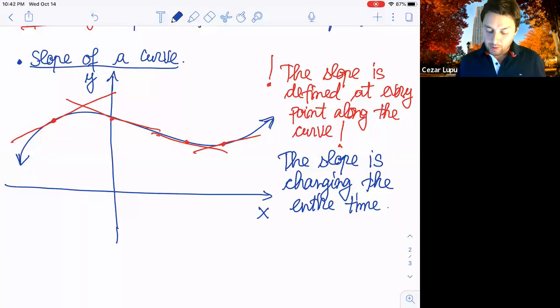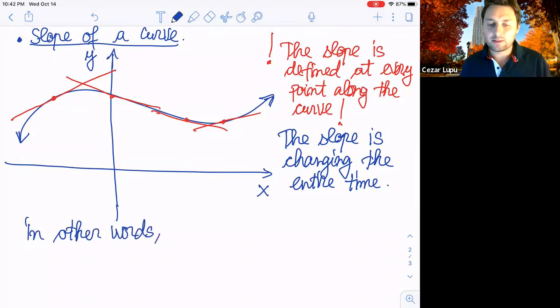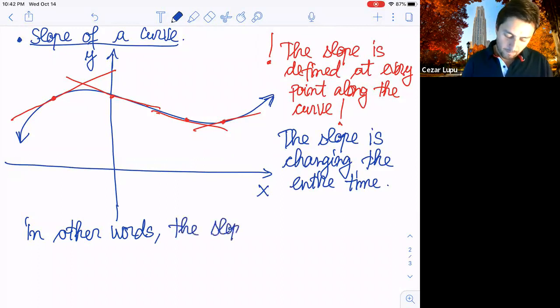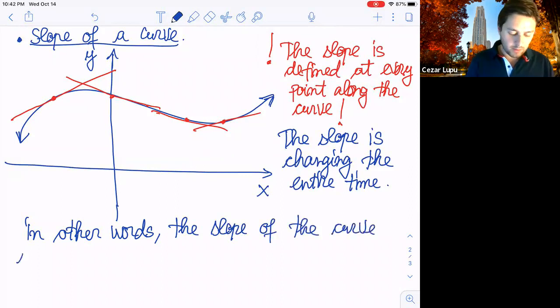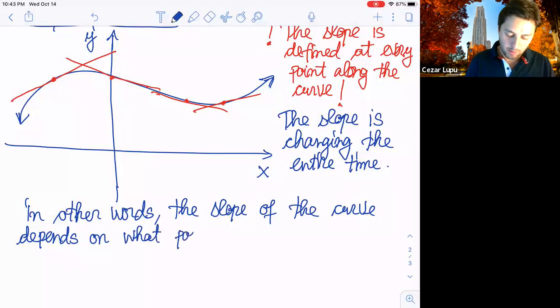In other words, the slope of the curve depends on what point you choose on the curve.